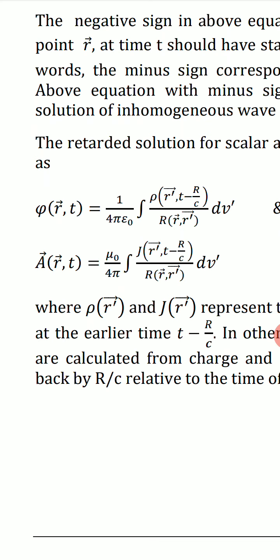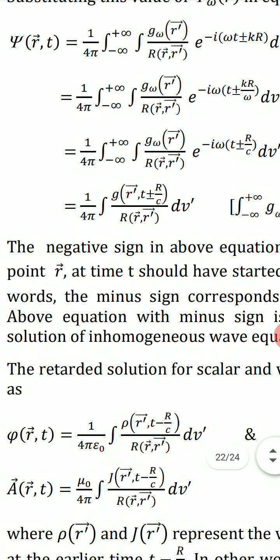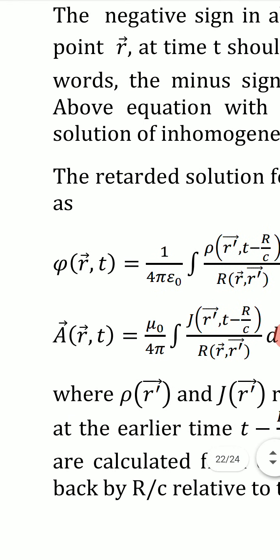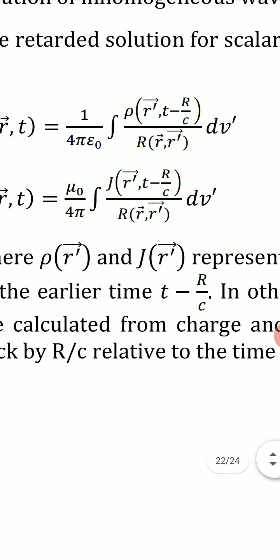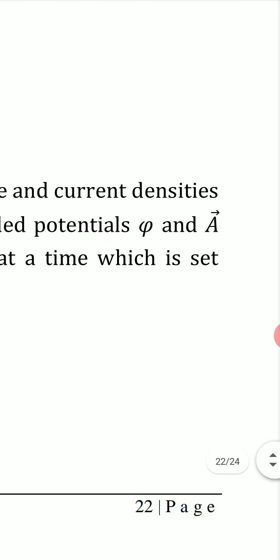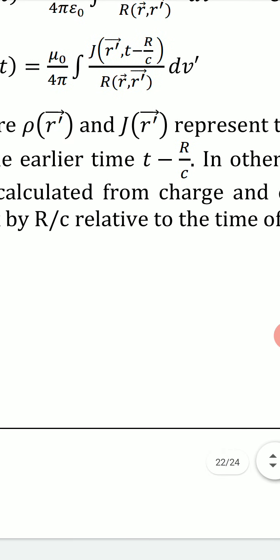So this single equation for psi rt can be converted into these two equations for scalar potential and vector potential. In the first term we have rho upon epsilon 0, and in the second term we have mu 0 j. These are in place of this small g. Here rho r dash and j r dash represent the values of charge and current densities at the earlier time t minus r upon c.